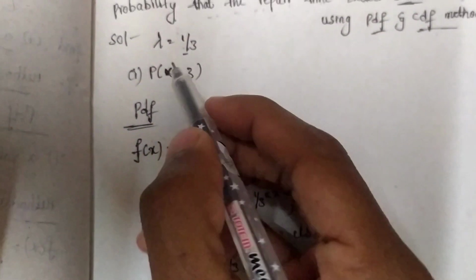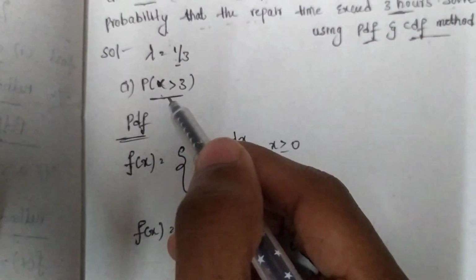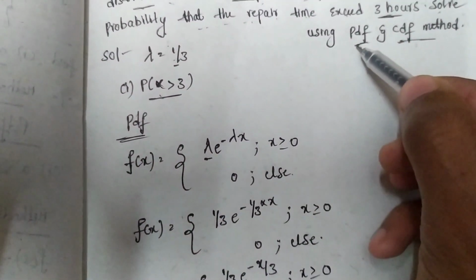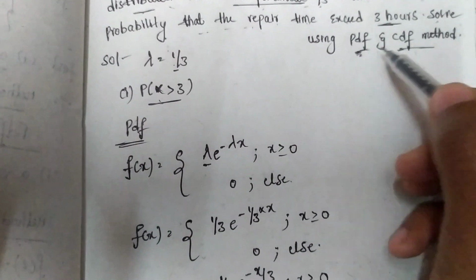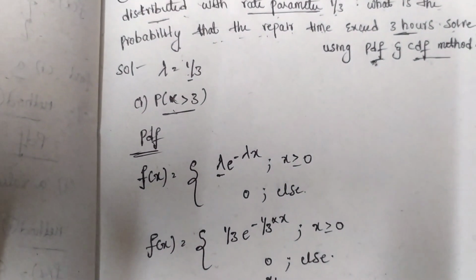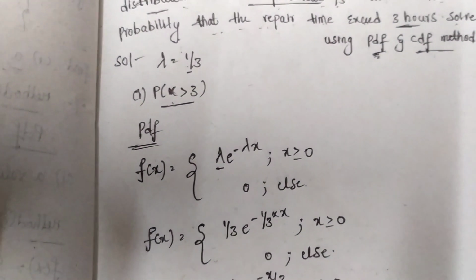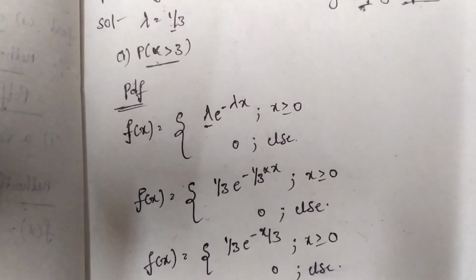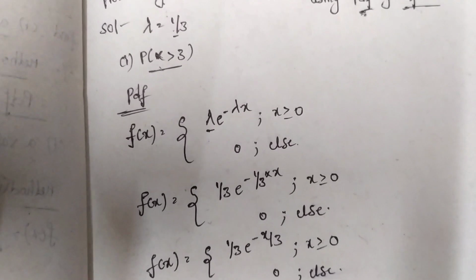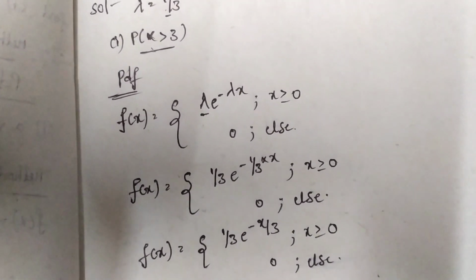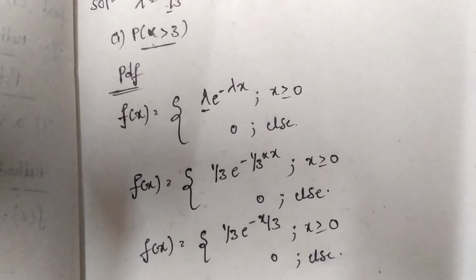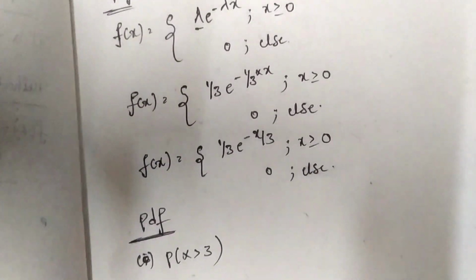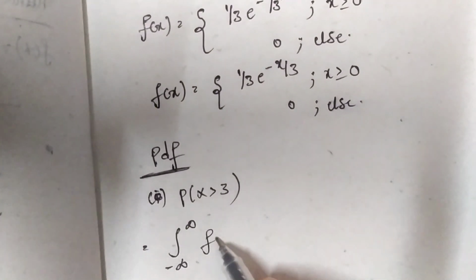The next one: we have to find this value, the probability of x greater than 3, using the first method, the PDF method, and the CDF method. First we use the PDF method. That is, P of x greater than or equal to 3. We know that in the PDF method it is the integration from minus infinity to infinity of f of x dx.